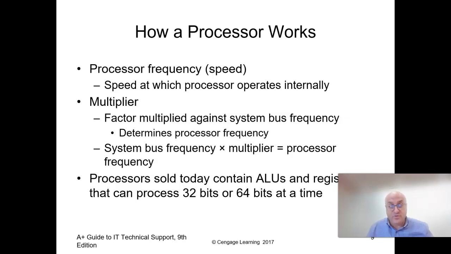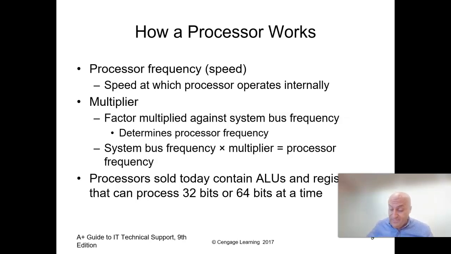So how can we determine the speed of the CPU? By multiplying system bus frequency times multiplier. The multiplier relates to how fast the data goes through the data bus.